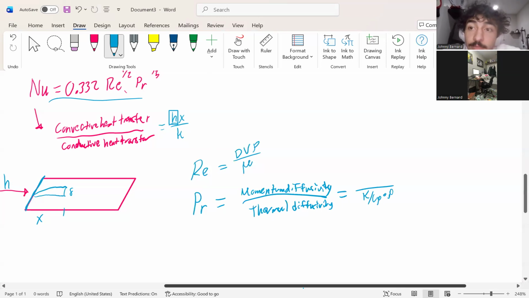And then in the first homework, we went over this quickly. The momentum diffusivity is going to be viscosity over density.